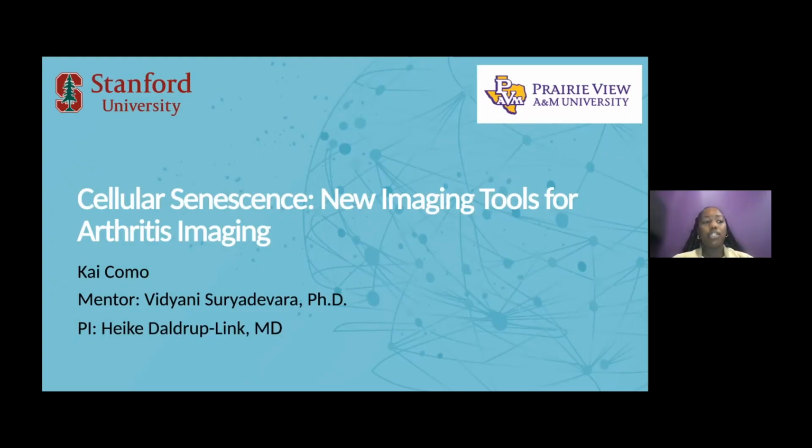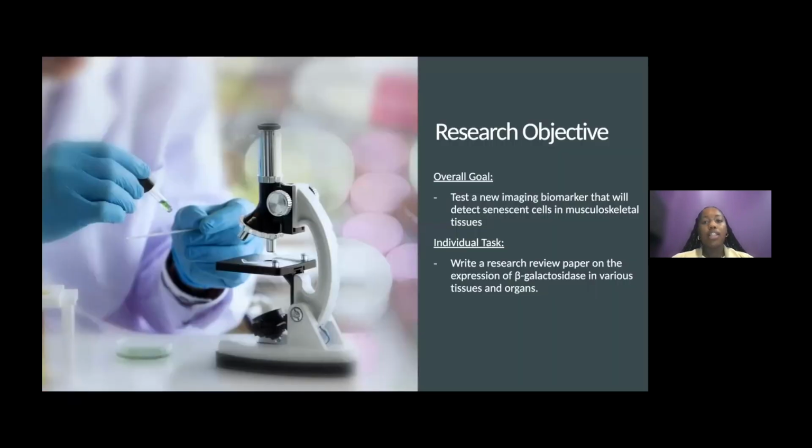Today, I will be talking about a new imaging tool we worked on for arthritis imaging, which is focused on cellular senescence. The objective of this research is to test a new imaging biomarker that will detect senescent cells in musculoskeletal tissues.